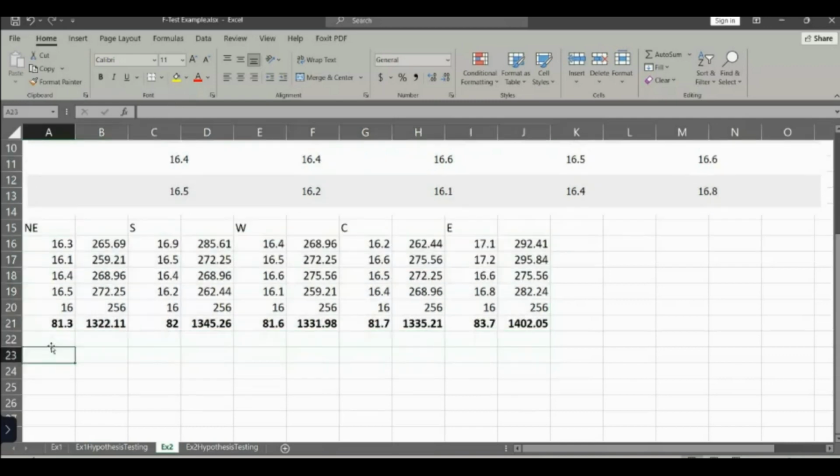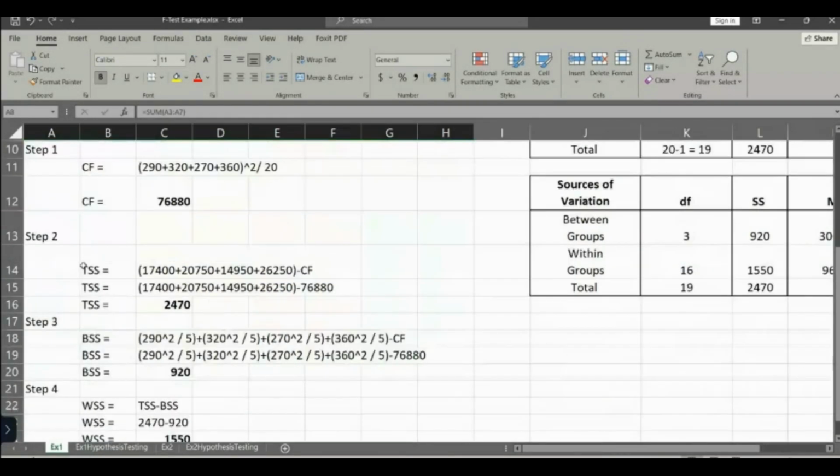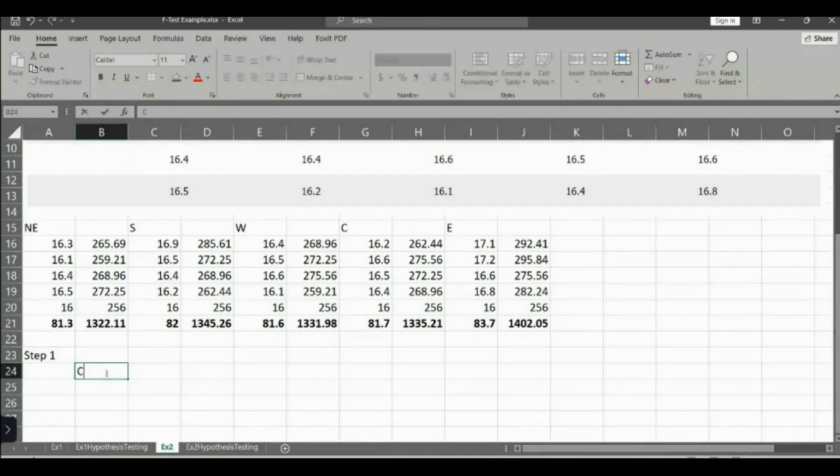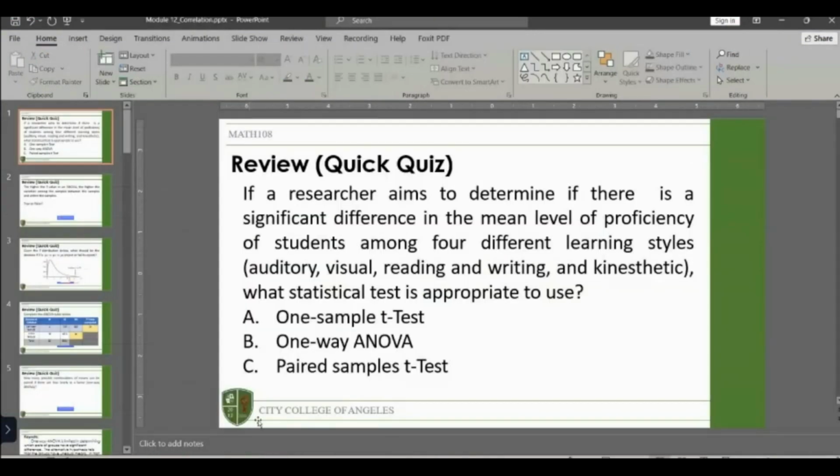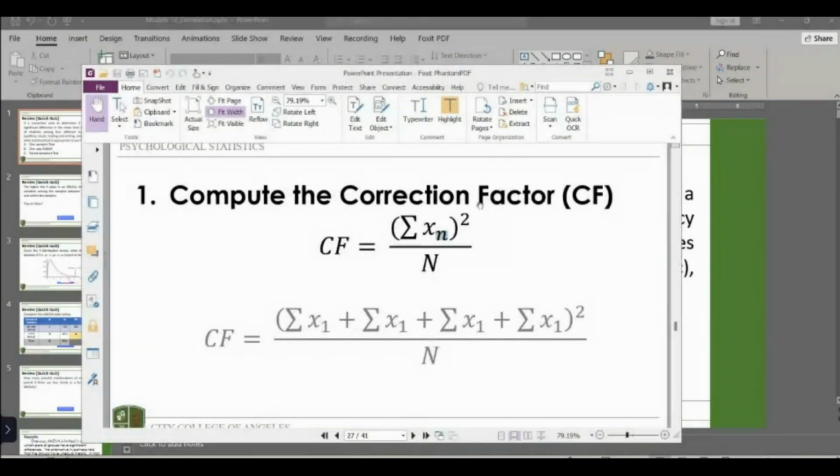Okay, step number 1. We are to solve for the CF. CF, again, from our presentation, is the correction factor.